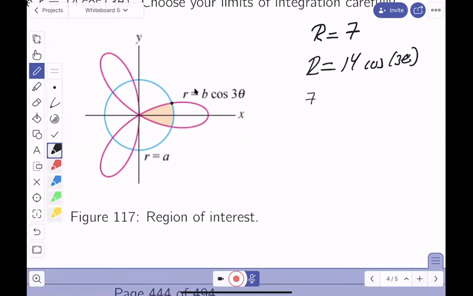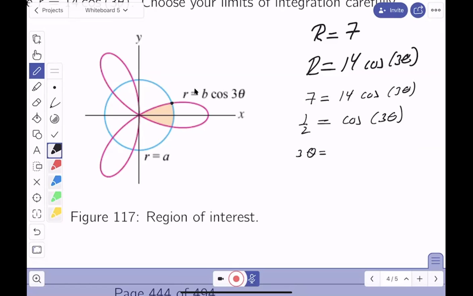So 7 equals 14 cosine 3 theta, so cosine 3 theta equals 1/2. I think I've done that before. When does the cosine equal half? When 3 theta is equal to 60 degrees.